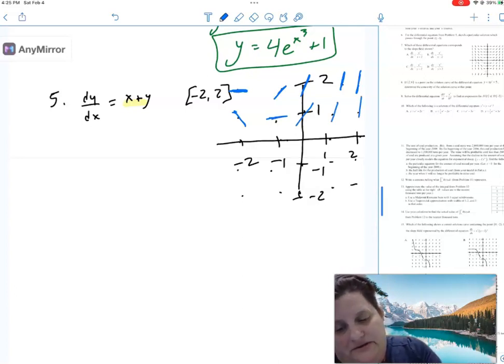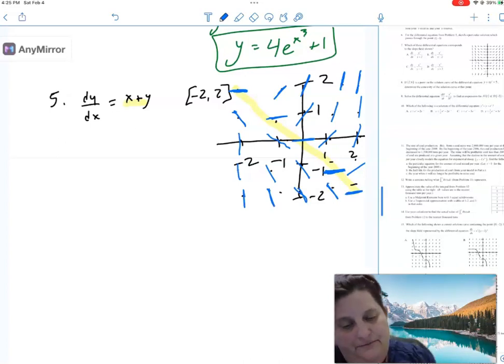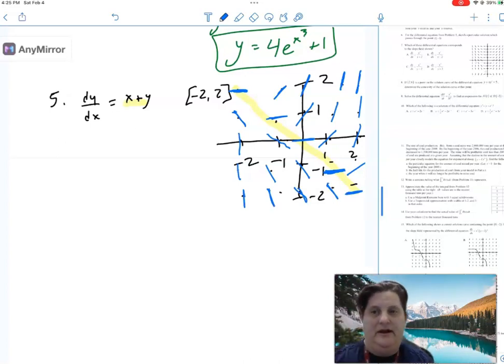Okay, -2 plus 0 is -2. -1 plus 0 is -1. 0 plus 0, 1, 2. So there's a pattern here. -2, -1 is -3. -2, -1, 0, 1. So this is another one where the zeros are coming right through there. You guys can kind of see that. That's going to be -4, -3, -2, -1, 0. That's a slope field, okay?